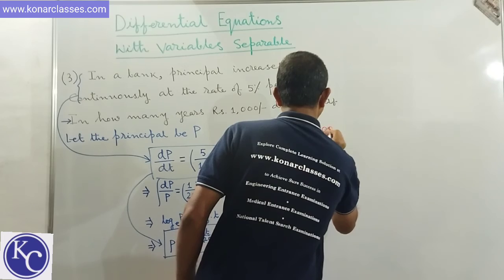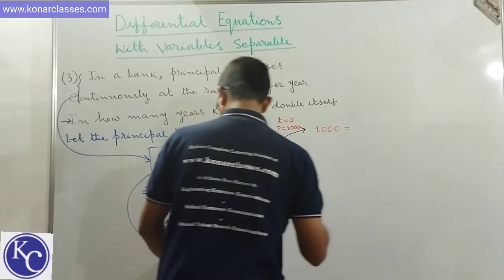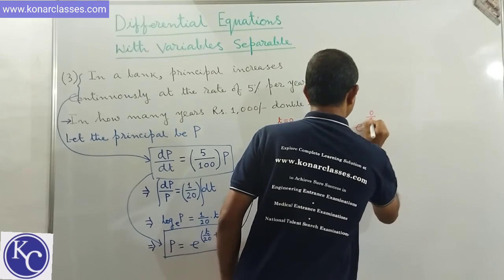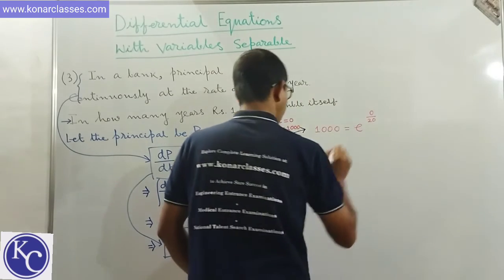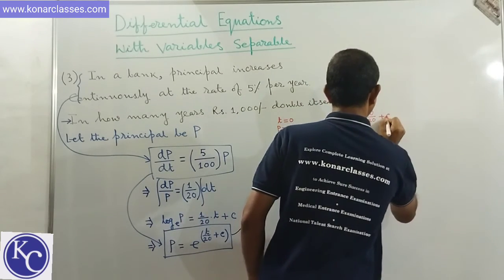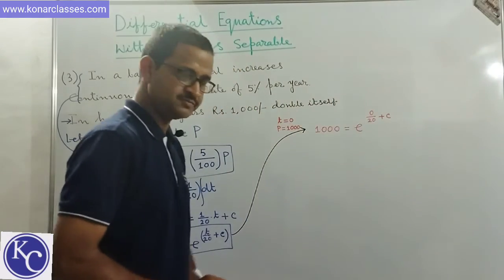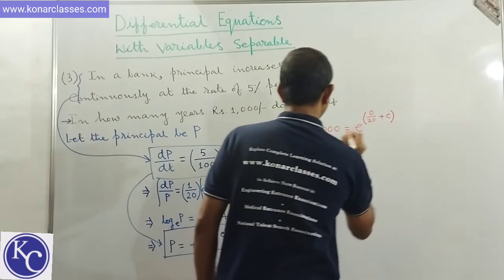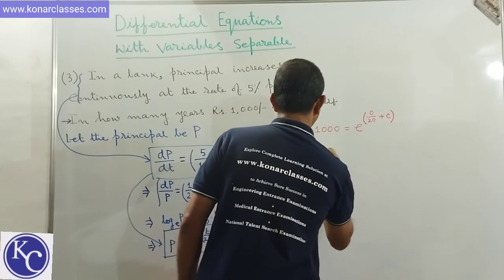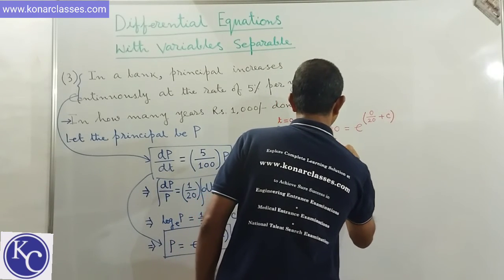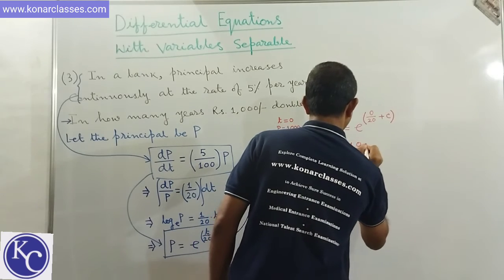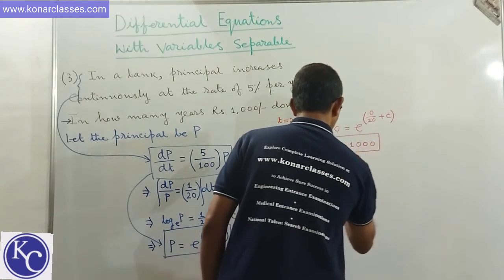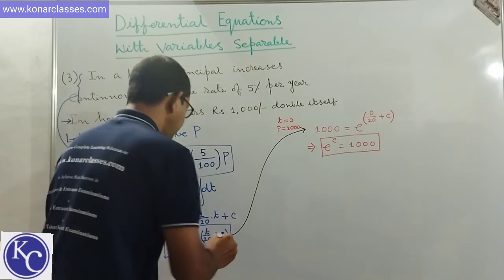So what we will get: 1000 is equal to e to the power (0 by 20 plus C). Now 0 by 20 is 0, so e to the power C becomes 1000. Now that value of e to the power C equal to 1000 we are going to apply here.